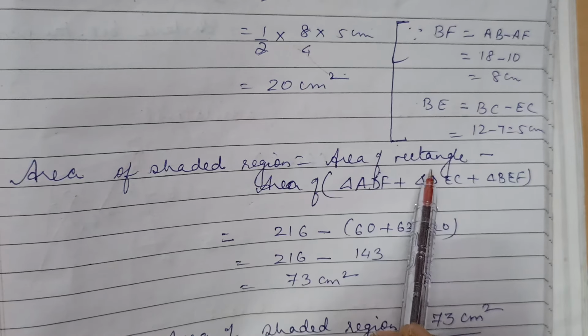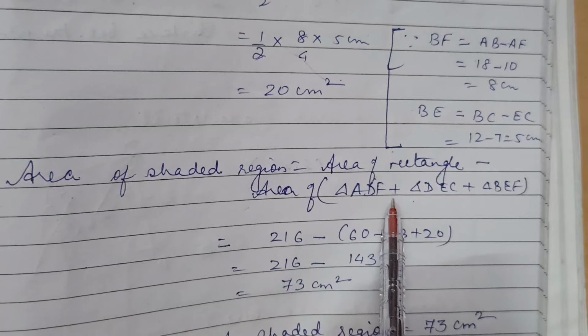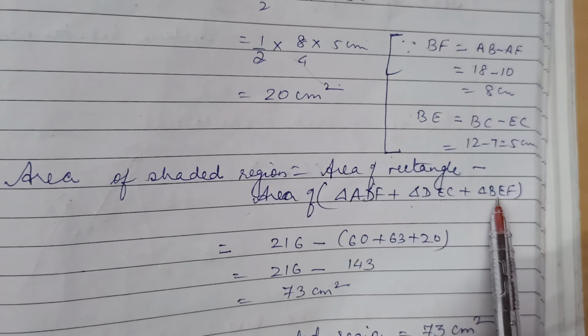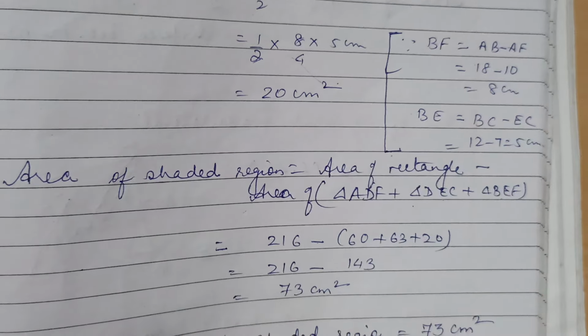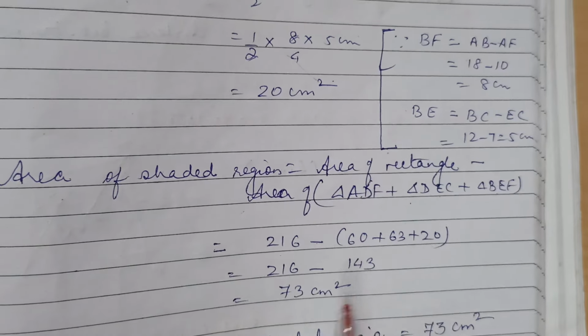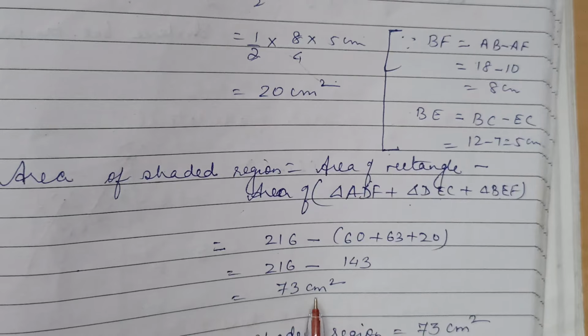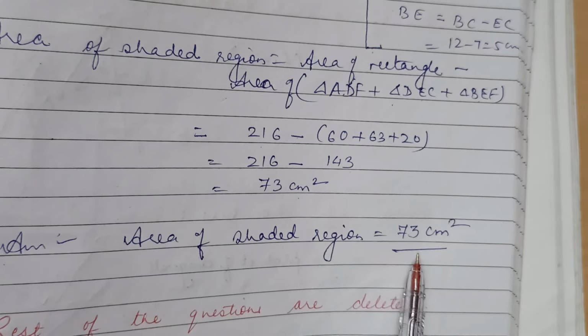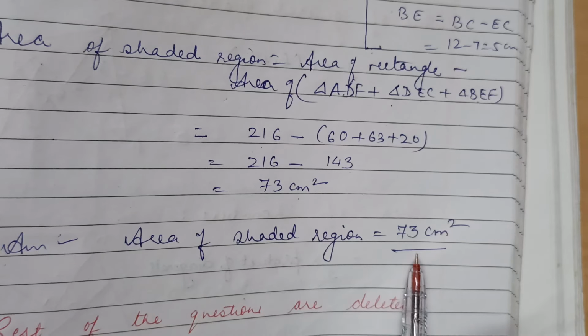Area is equal to area of rectangle minus the sum of the areas of triangles ADF, DEC, and BEF, which we have already found out. So 216 minus (60 plus 63 plus 20), that is 143, and that will be equal to 73 centimeter square. So area of shaded region is 73 centimeter square.